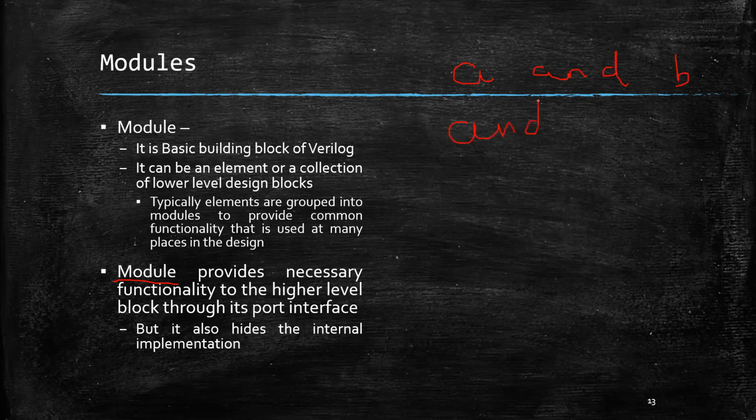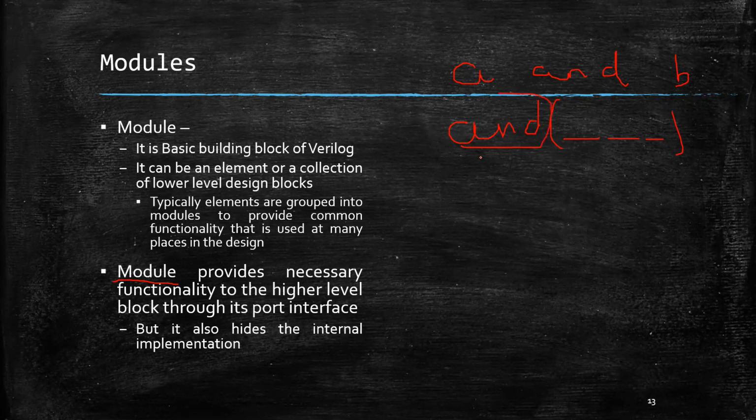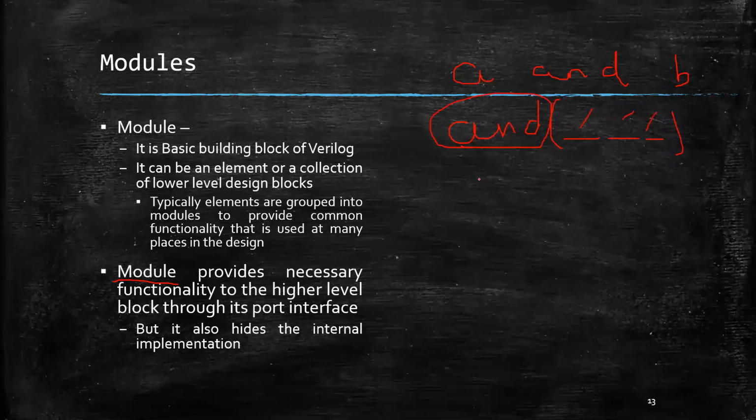Similarly, we have gate level implementation, a construct available in Verilog, wherein we pass the parameters, and the output that is expected I store in some location. That gives me the implementation.